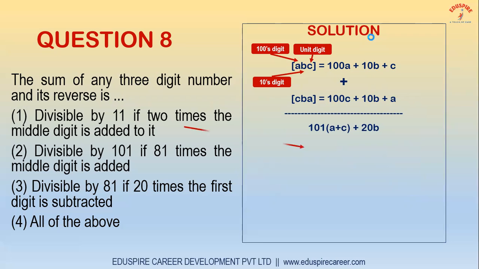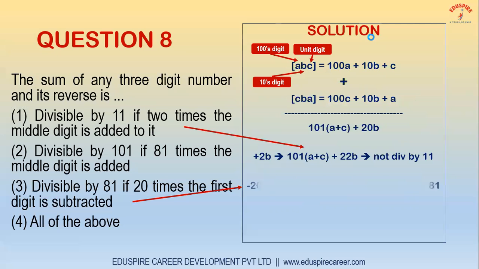So if I check the options, if I take the first option, you see after adding 2B, that is 2 times the middle digit, what I get does not go by 11. Hence, the first option cannot be my answer. In fact, if I just look at the third option, when I add, rather I'm subtracting, 20 times A, what I get does not go by 81, which means option 3 cannot be my answer.